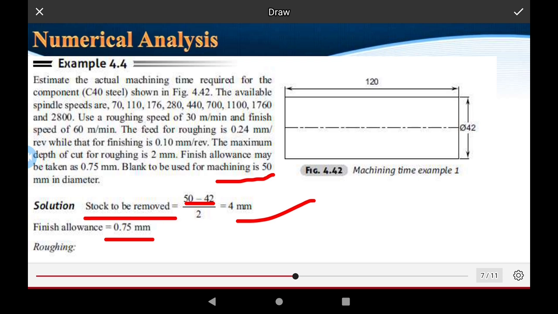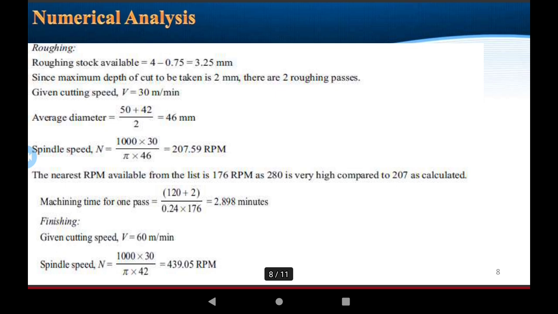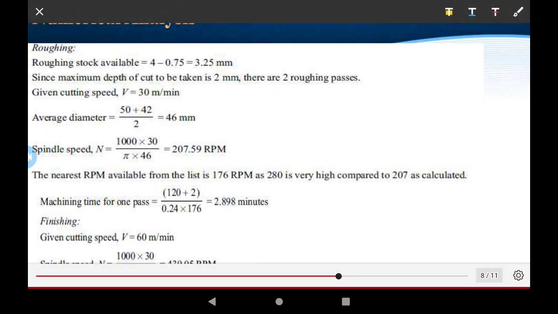The stock to remove is 4 mm, and the finishing allowance is 0.75. So the roughing stock available is 4 minus 0.75, which is 3.25 mm. Since the maximum depth of cut taken is 2 mm, there are two roughing passes.